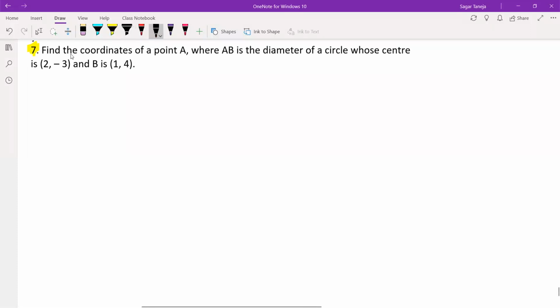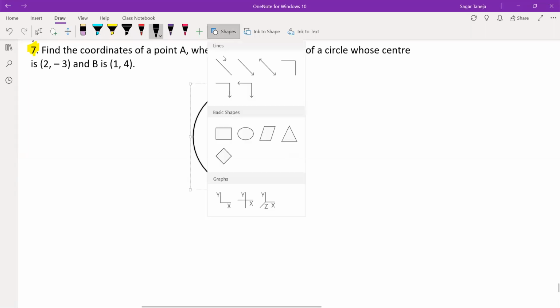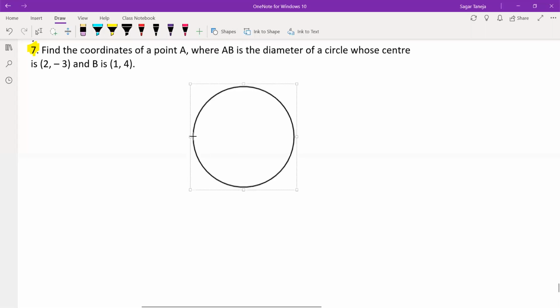Seventh now. Find the coordinates of point A where AB is the diameter of the circle. Now AB is the diameter of the circle whose center is given, 2 comma minus 3.